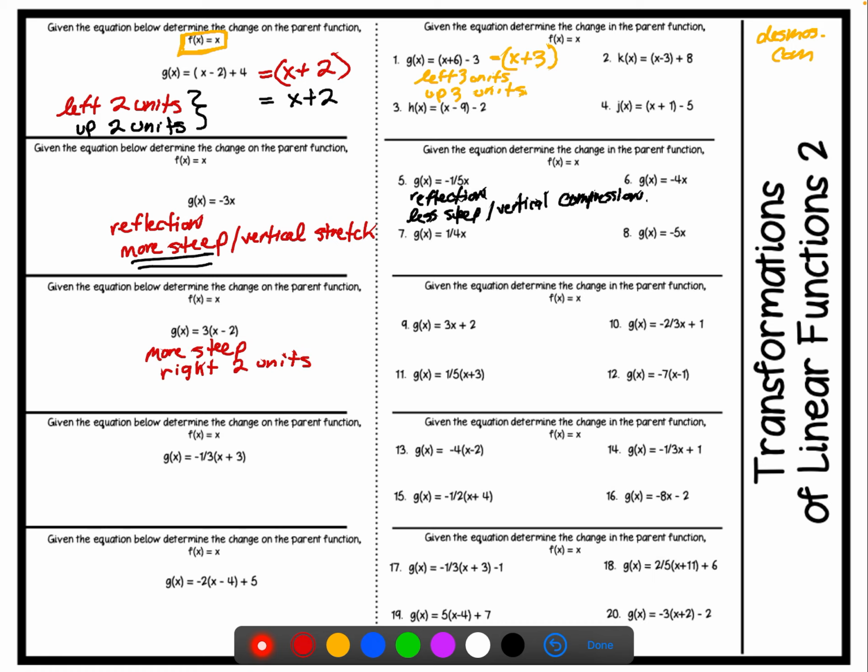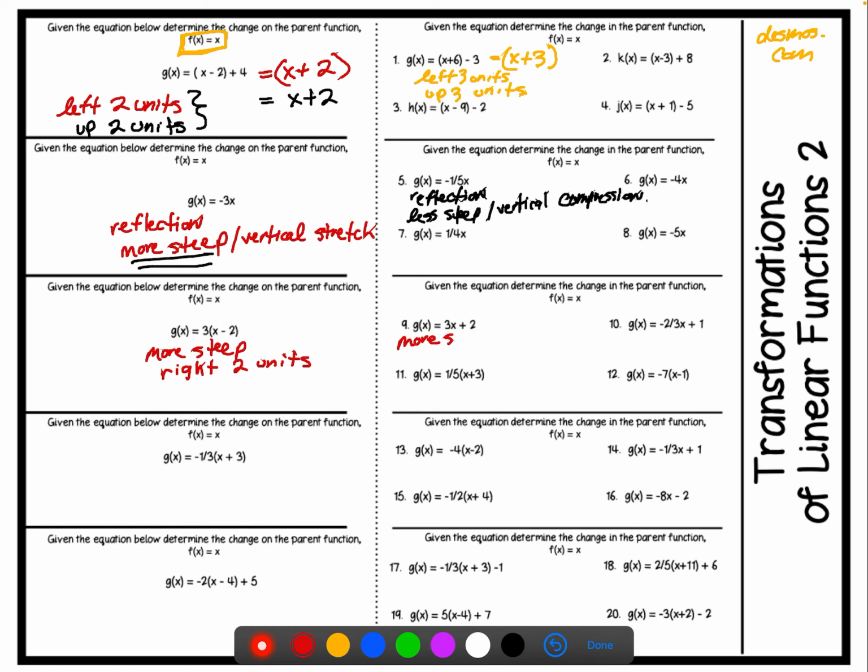All right, so when we come over here to number 9, 10, 11, and 12, particularly we're going to look at number 9. We're given g of x is equal to 3x plus 2. And in relation to the parent function, that 3 times that x means that we're going to have a graph that is more steep by 3, or there's a vertical stretch by 3. So that's what we're going to write here.